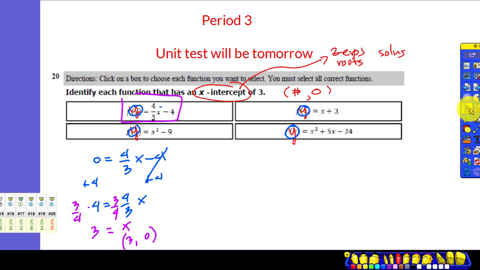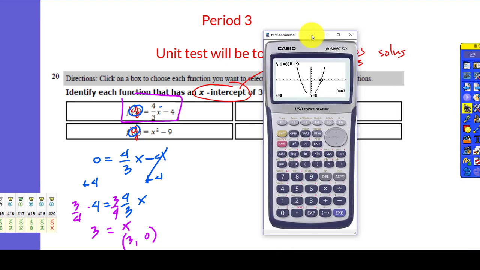And then to check our answer, okay, so again, go to your graph. If you have an expression here, just type it over. For example, this one, 4/3, so 4 ABC 3x, then minus 4. So when you graph this one, you'll get a line because I have x raised to 1.